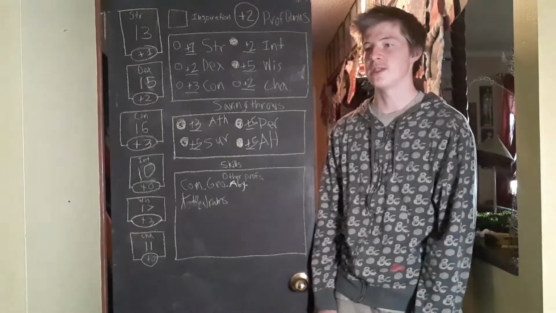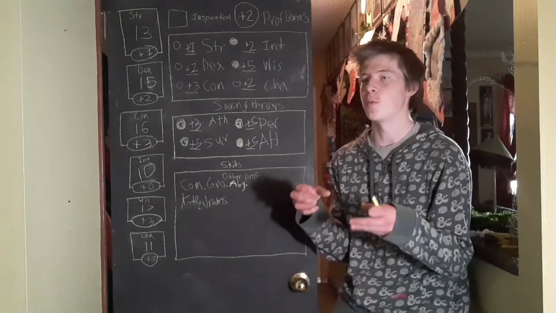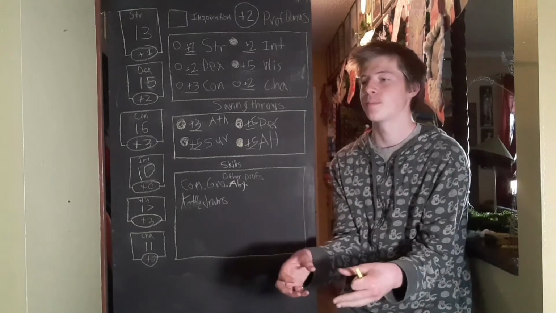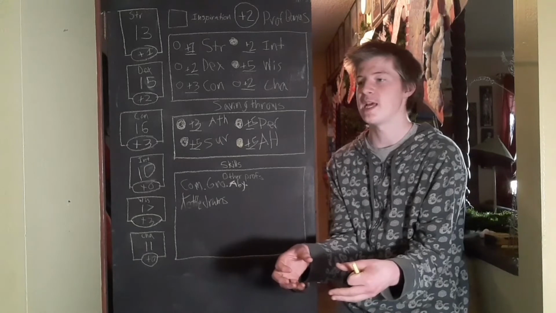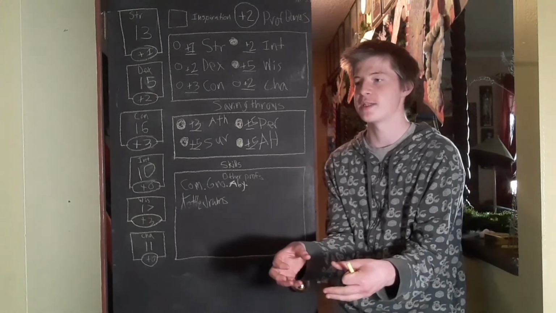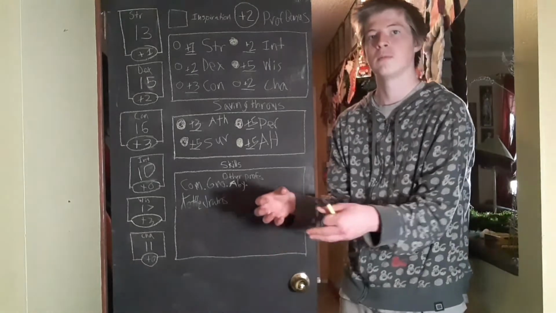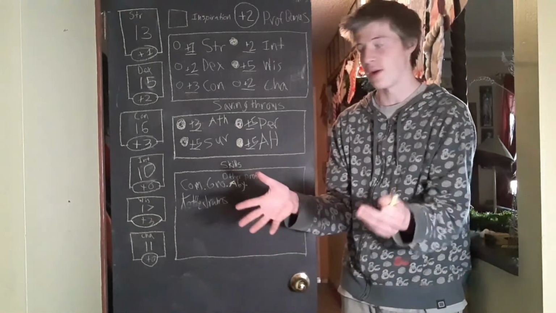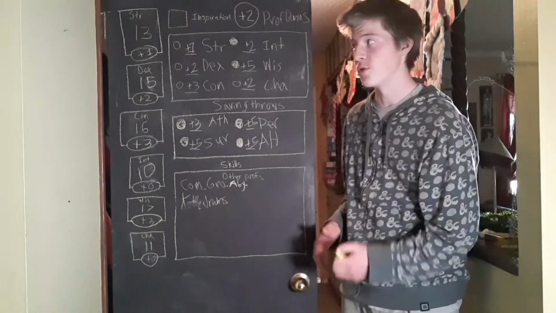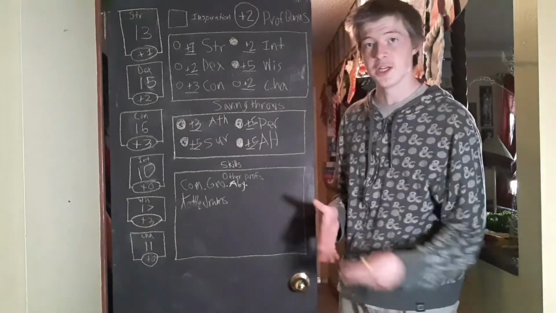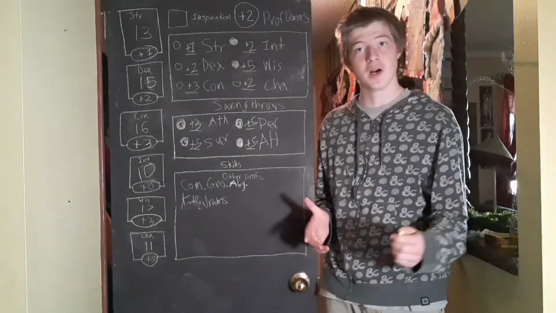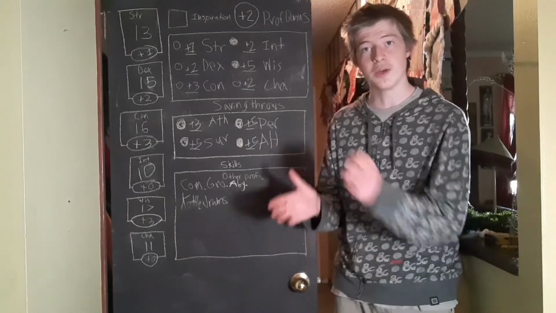But if I'm just casually sitting there, just eating a sandwich, then a 17 is the innate number that somebody has to roll higher than to sneak up on me. So there you have it. That's the basic rules of your scores and your skills and your proficiencies. So let's move on to the next step, which actually dictates what you can do in combat.